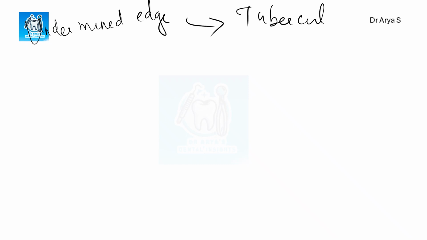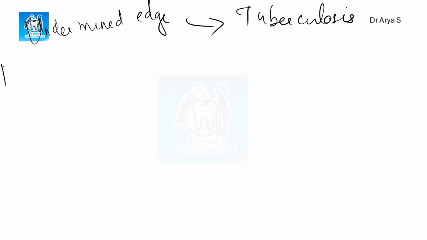And these are the common types of edges. First one is the undermined edge. Undermined edge is seen in tuberculosis.